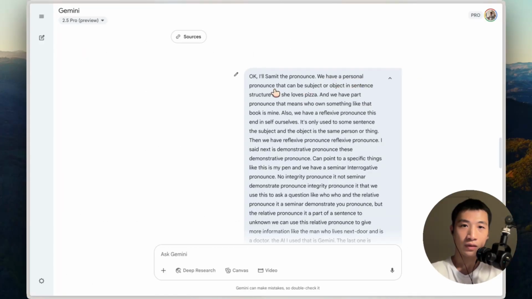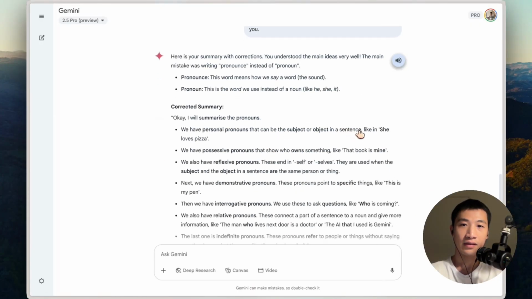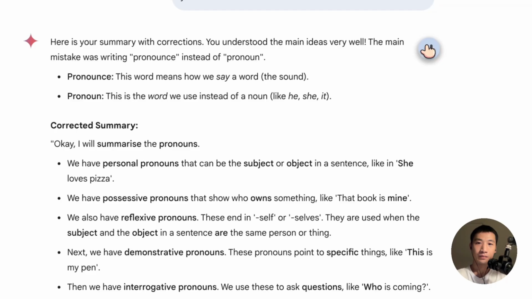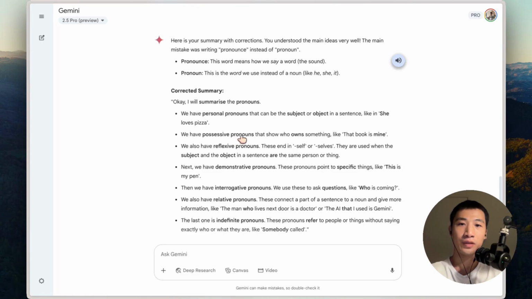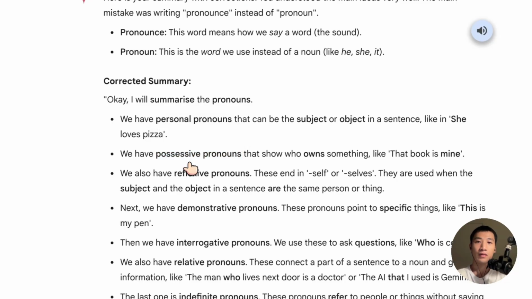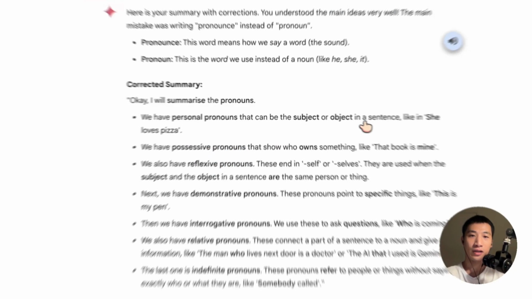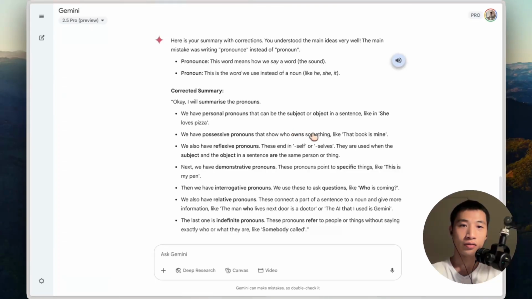We have possessive pronouns that show who owns something, like that book is mine.